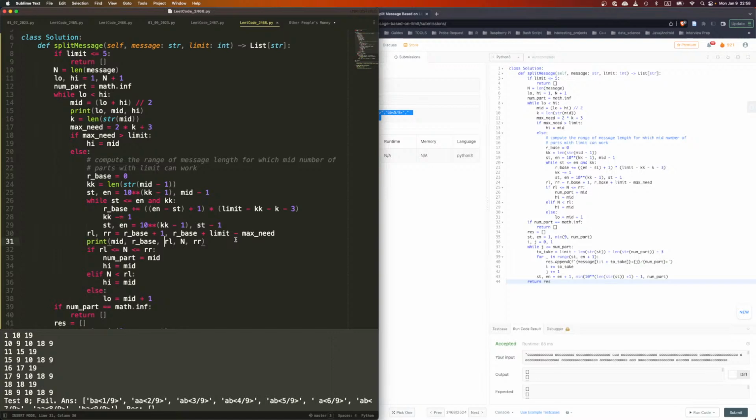Now this is an impossible case. This is an impossible case. So if it's impossible, we shall try go up or go down. Possible case.